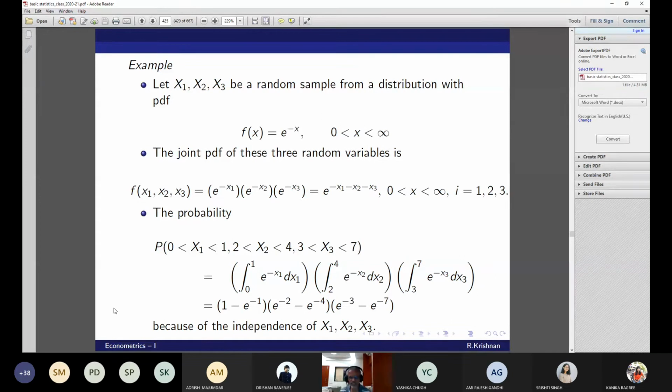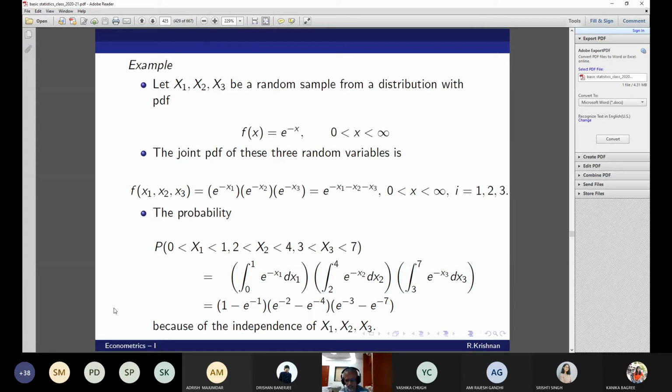If one of them fails, the device will stop working. The lifetime of the device is expressed in weeks, it doesn't matter. The lifetimes of the components X1, X2, X3 are independent.